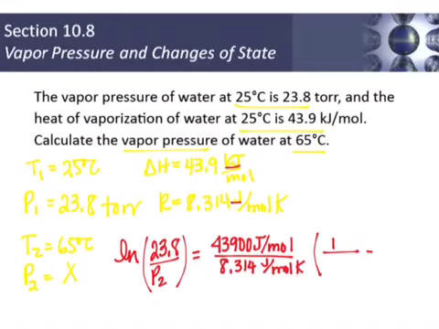What is that? 338, minus 1 over 25, which is 298 Kelvin. And solve that for me.